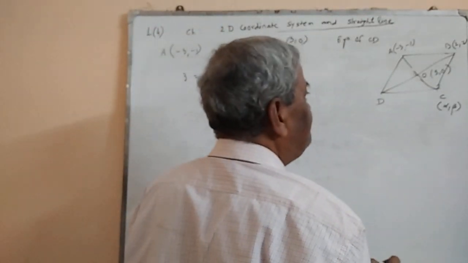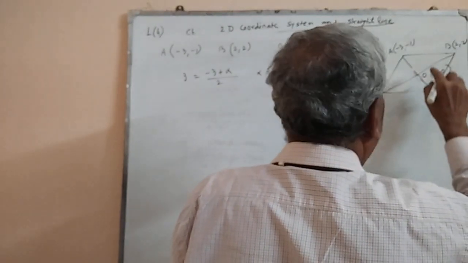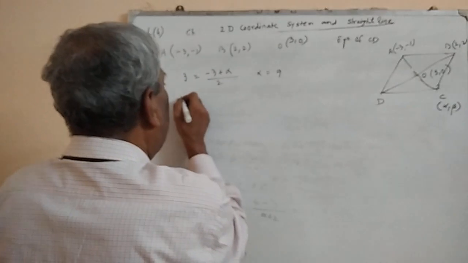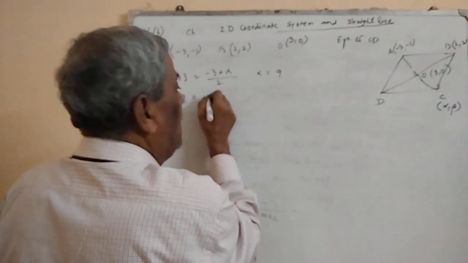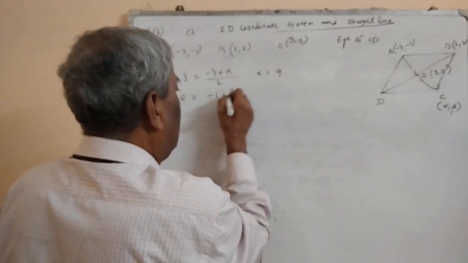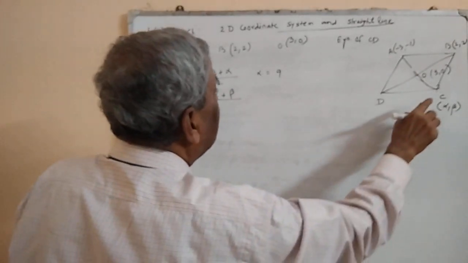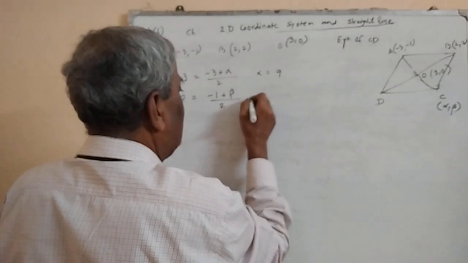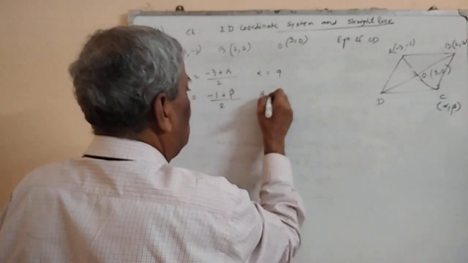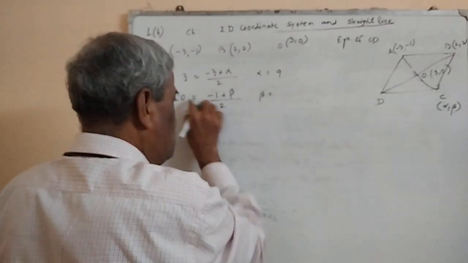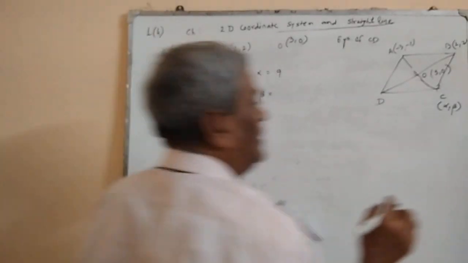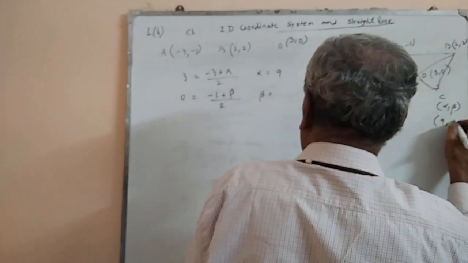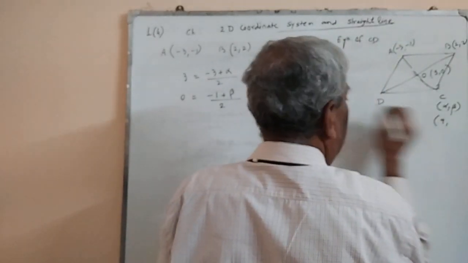Similarly, for calculating the y coordinate, 0 is equal to (minus 1 plus beta) divided by 2. That is, beta is equal to 1. So alpha is 9, beta is equal to 1.